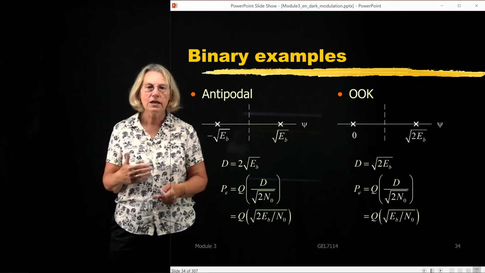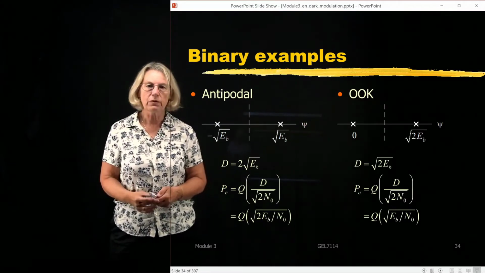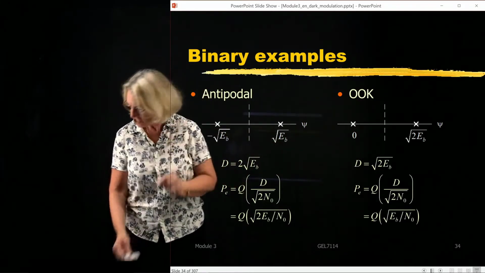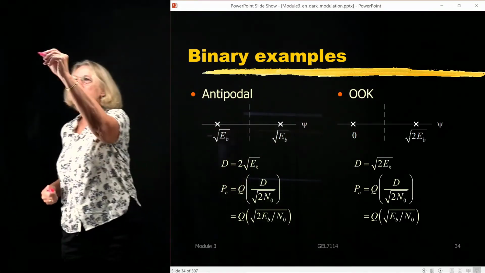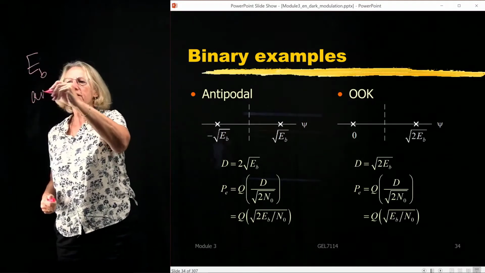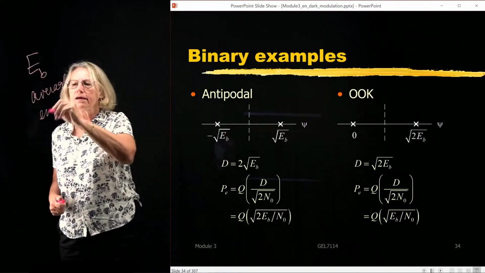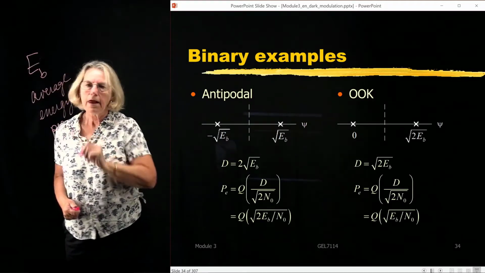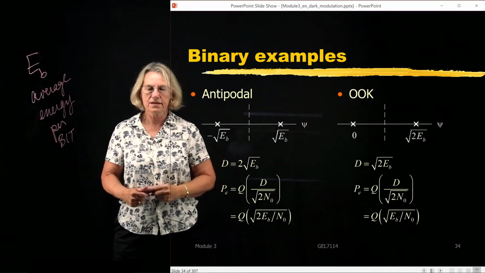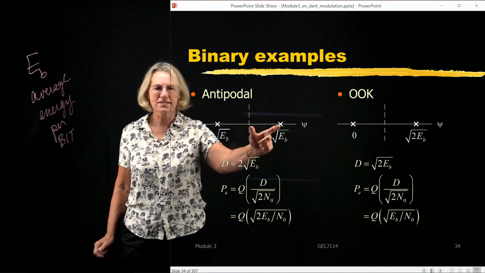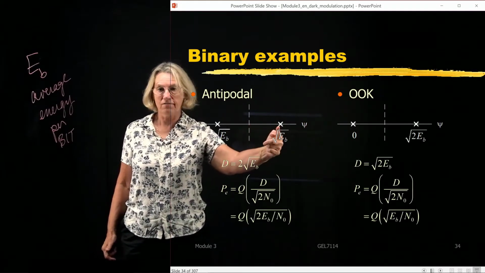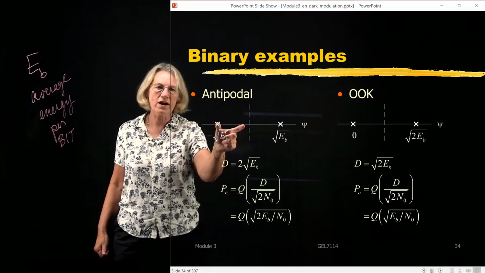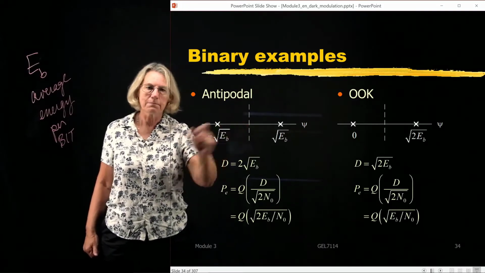And if you'll recall, when we did this operation, we were careful to do the normalization so that the average energy per bit, so EB is the average energy per bit, is the same in both cases, so that this distance represents the energy of symbol 1, this distance modulo 2 squared gives you the energy of this symbol.